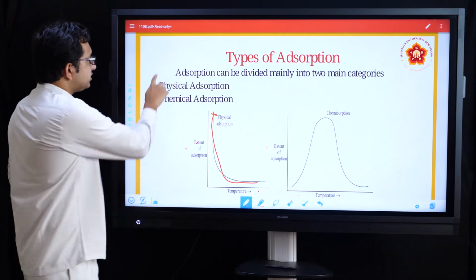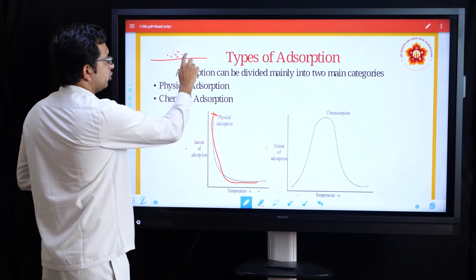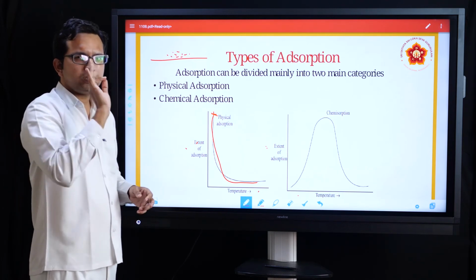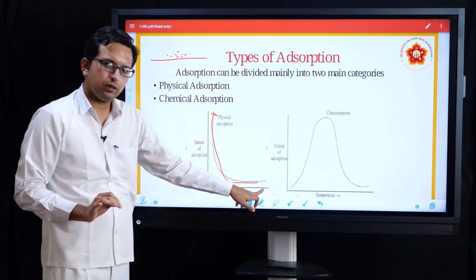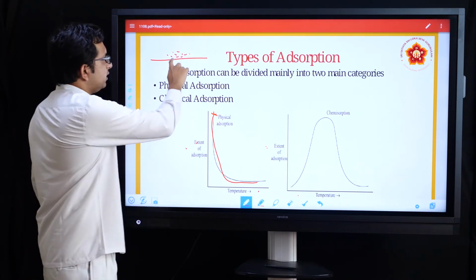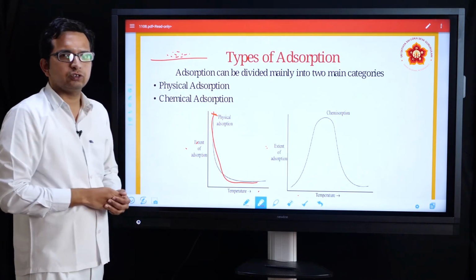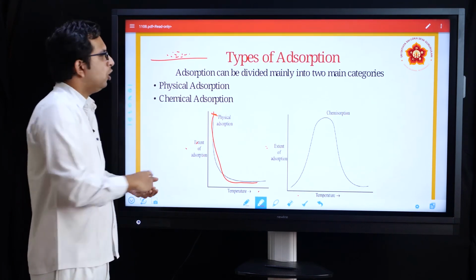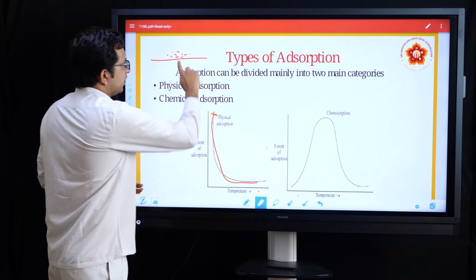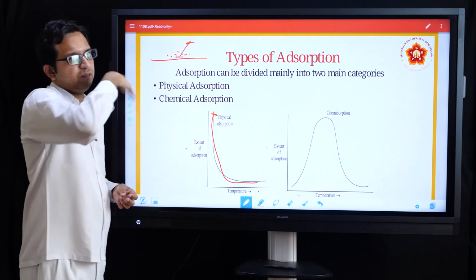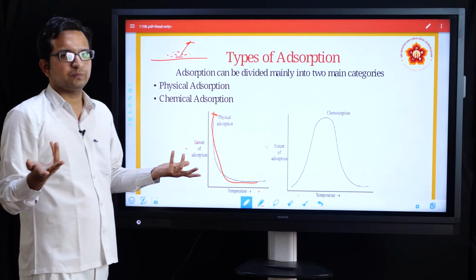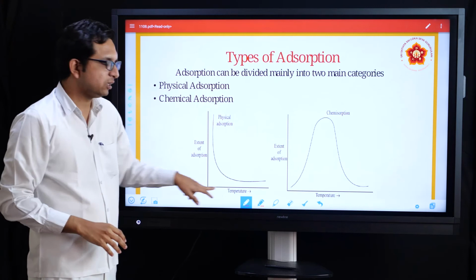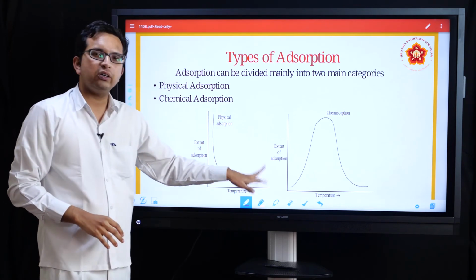Since it has a weak force of attraction, if you increase temperature, you definitely give energy to these molecules. And since the force of attraction is not strong, all these molecules will run away from this solid and the adsorption process will be reduced. Therefore, with increase in temperature, physical adsorption goes on decreasing.